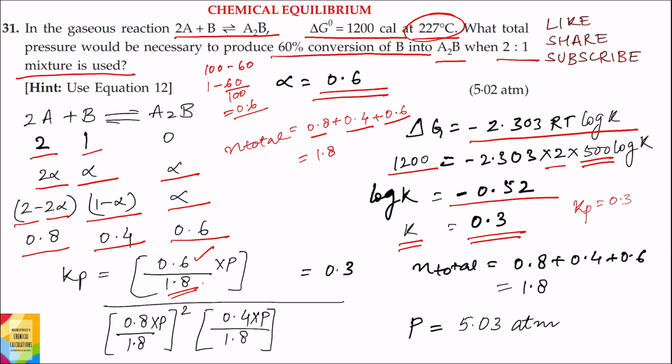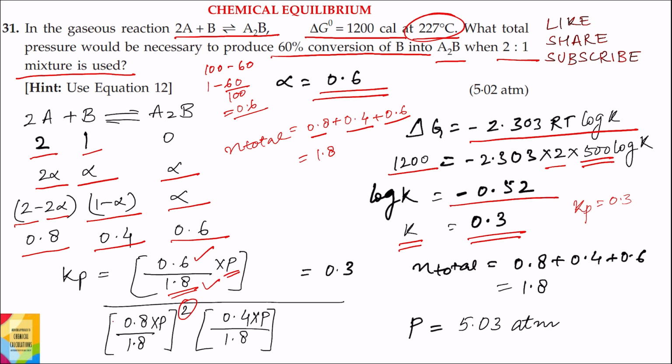So moles of A2B divided by total number of moles at equilibrium into total pressure. This is the partial pressure of A2B, divided by partial pressure of A raised to the power 2.